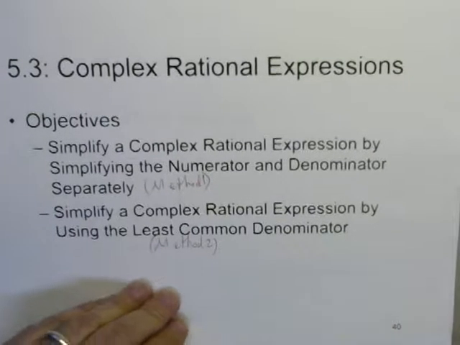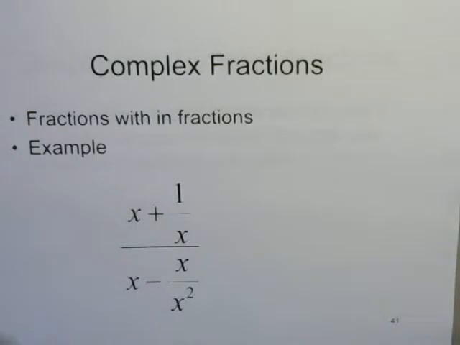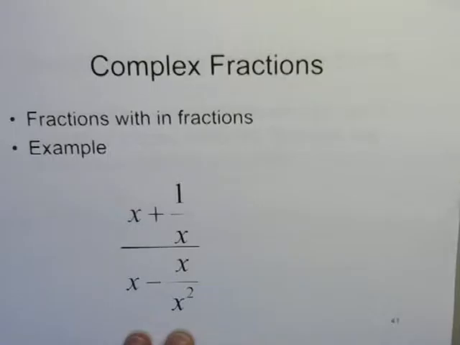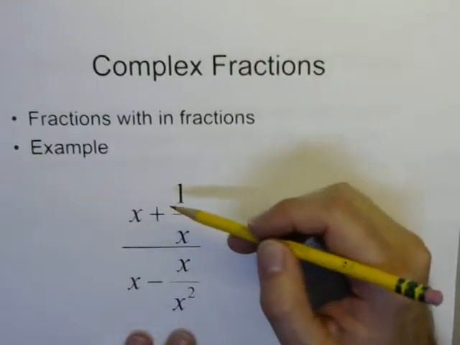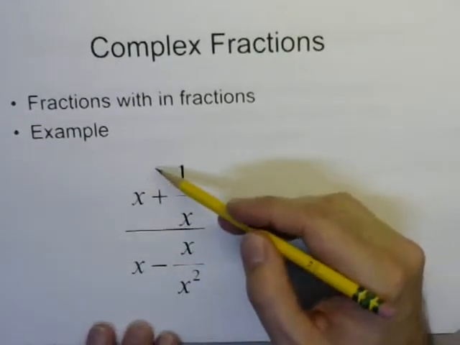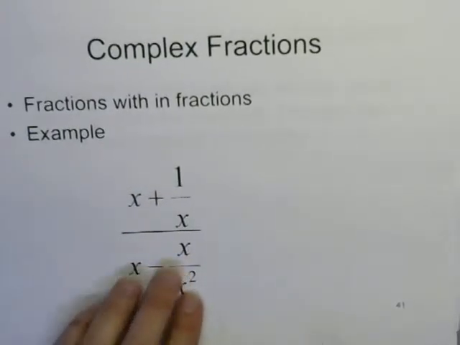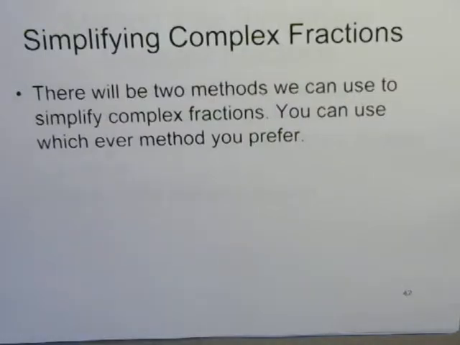Basically, a complex fraction, like I said, is something where you have a fraction within a fraction, right? Something like this, where you've got a numerator and denominator, but then within the numerator and the denominator you might have fractions as well. We won't simplify this one, but this would be an example.